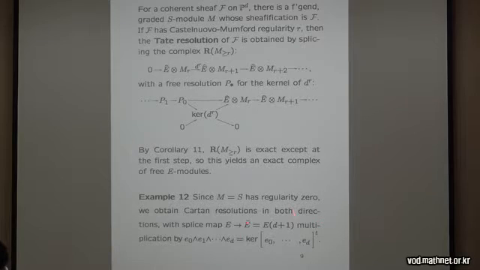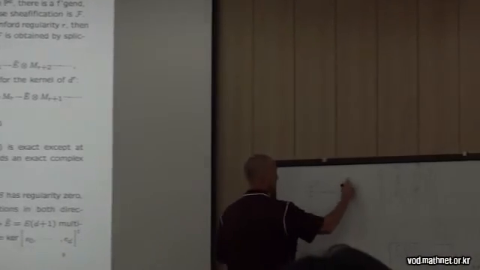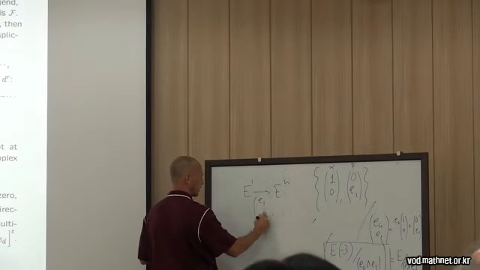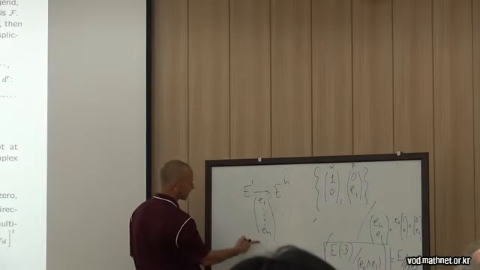Here's a quick example of the Tate resolution. If we just do the Tate resolution to S, S has regularity 0. So I'd be looking at something like this. My first map goes from E to E to the n. This is a vector, say, e1 up through en. And I have to take the kernel of this map.